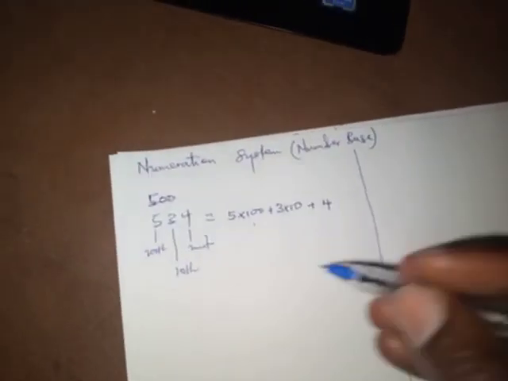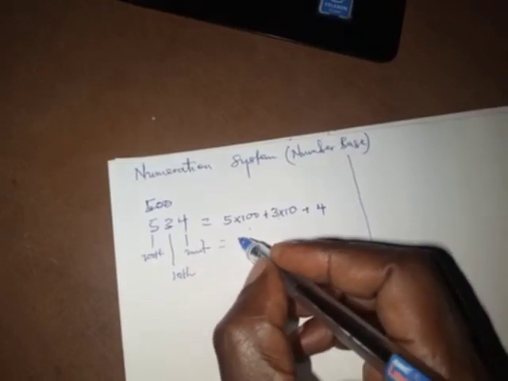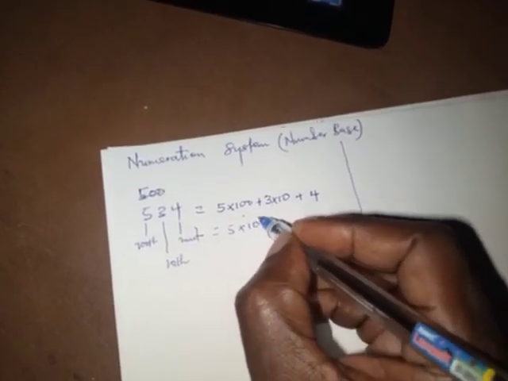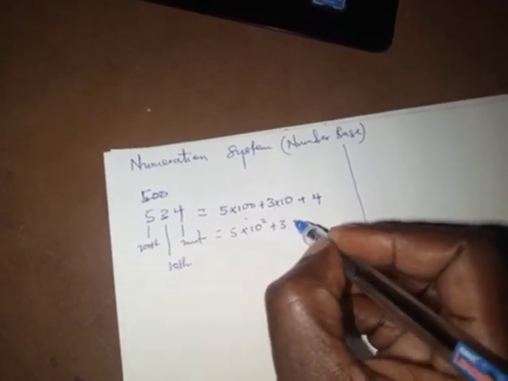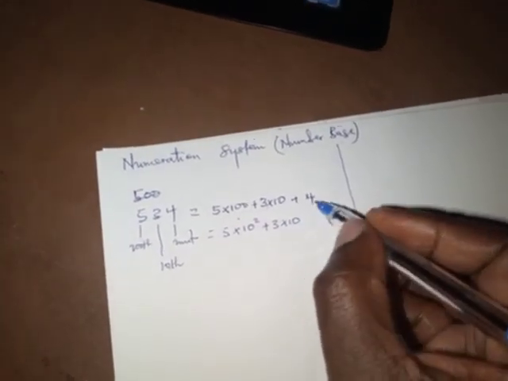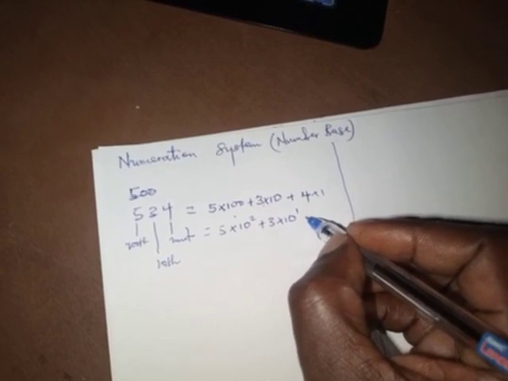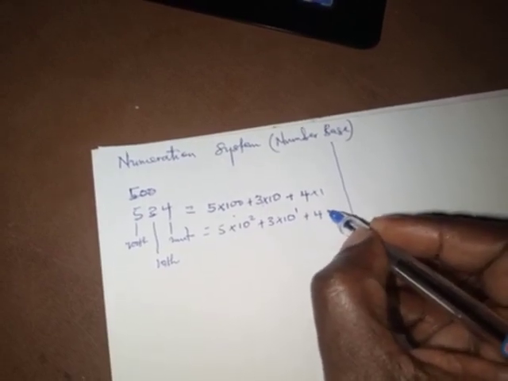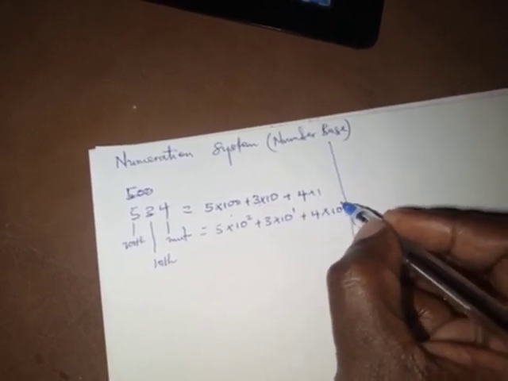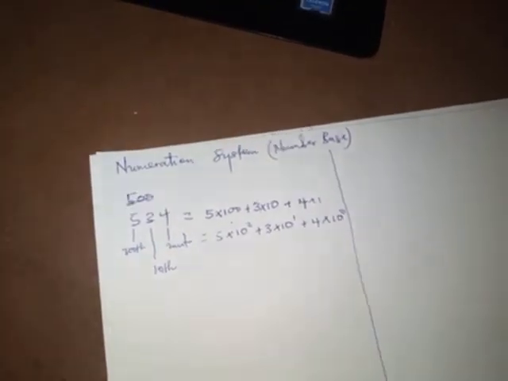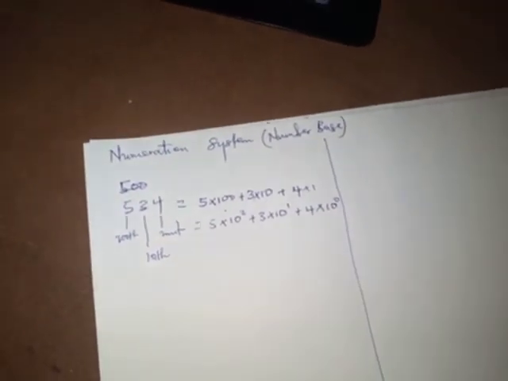I could also write this as 5 times 10 raised to the power 2 plus 3 times 10 raised to the power 1 plus 4 times 10 raised to the power 0, because 10 raised to the power 0 will give us 1. This is number base.